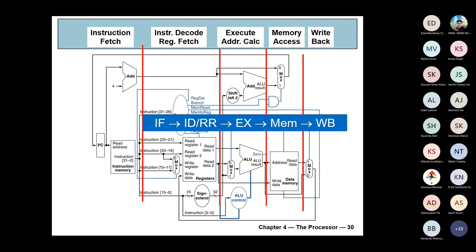For example, these resources are responsible for executing the instruction fetch part. These modules are responsible for instruction decode and register fetch and so on. So consider this pipeline implementation over single cycle, the basic hardware blueprint.